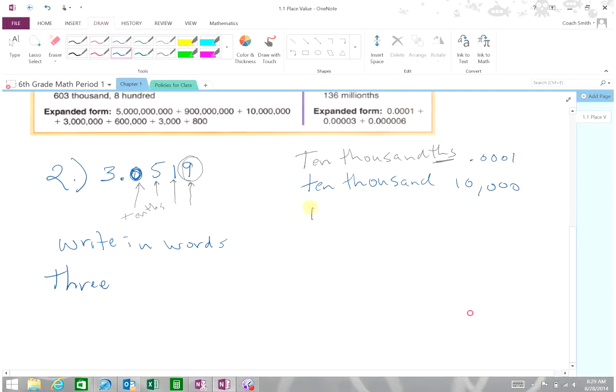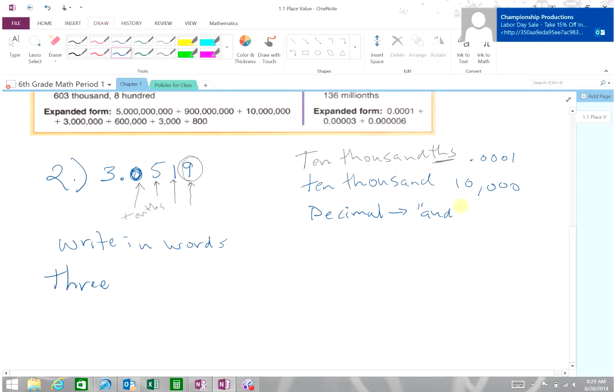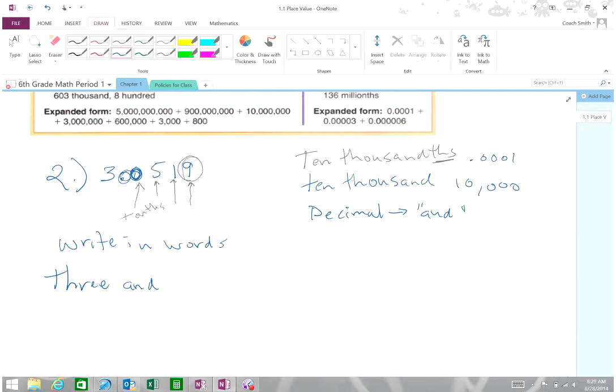Now, for a decimal, you write the word and. So anytime I see the decimal right here, I must write the word and. So 3 and, okay? Now, once I get to this point, I want to forget about this.